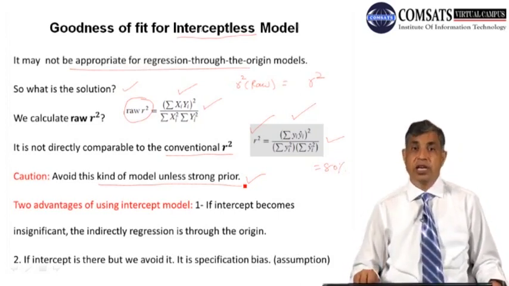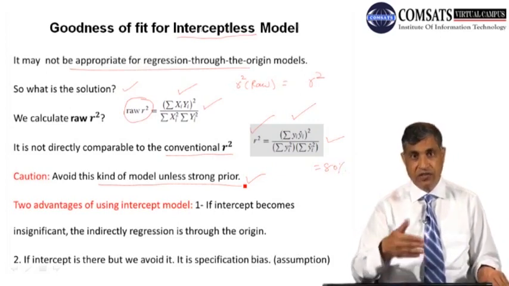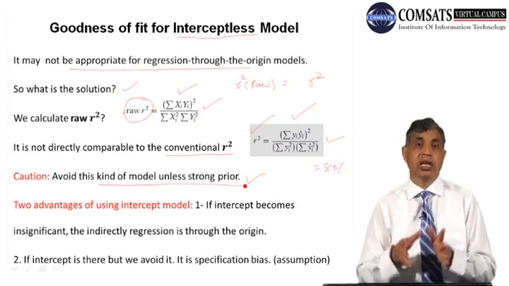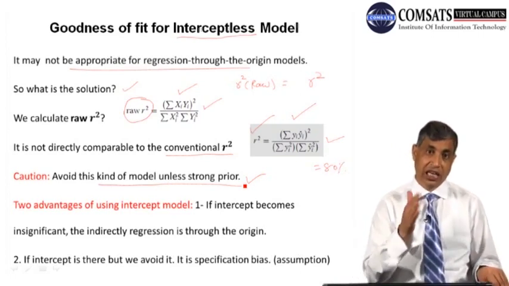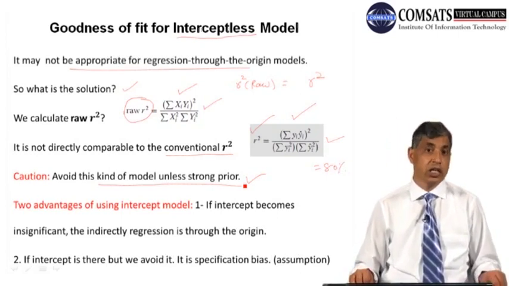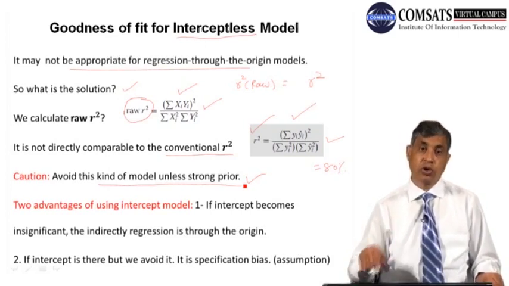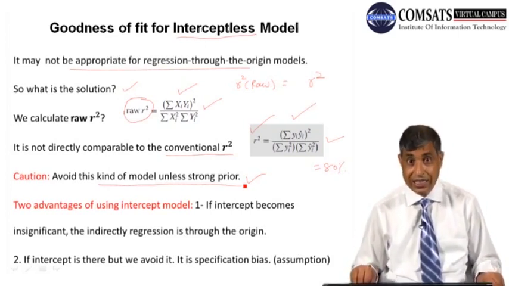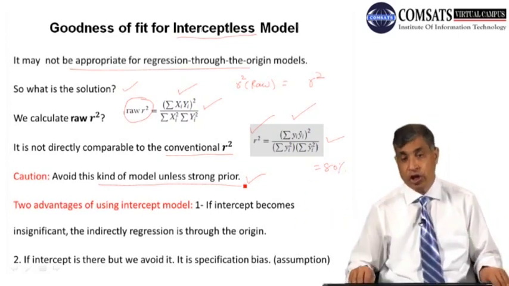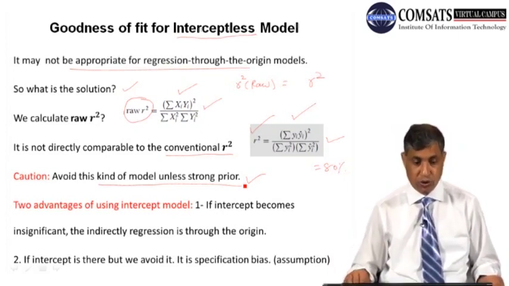Always use the intercept because it gives more reliable results, and we will see that next, just after this: what are the two major advantages of running the regression with the intercept. So what is the suggestion? You should always avoid running the regression through the origin. You should not use this model, you should use the intercept. However, if you have strong prior and historical information, you can use such a situation and run the regression through the origin.